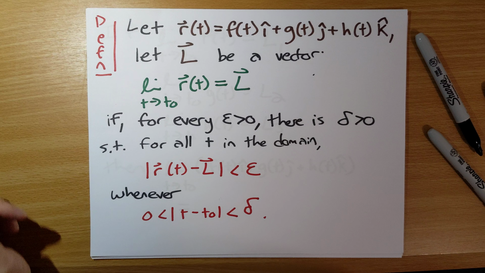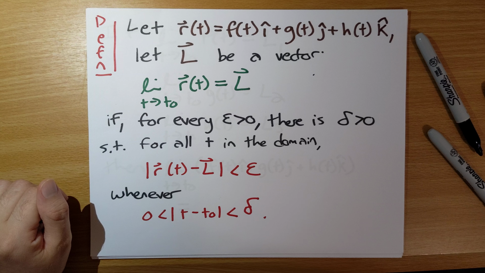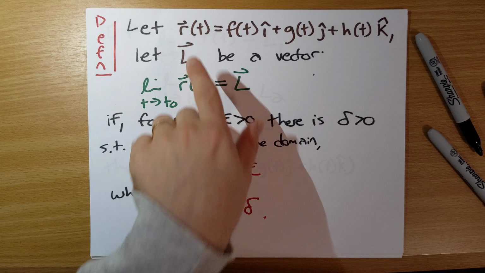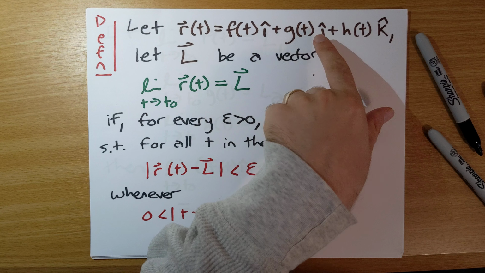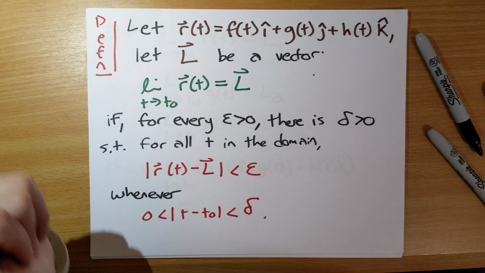So right here is the very formal definition of what a limit of a vector-valued function is. We're writing r of t is f of t i hat plus g of t j hat plus h of t times k hat. Let L be a vector.